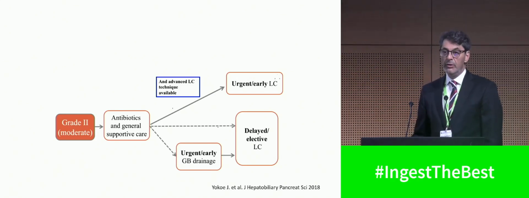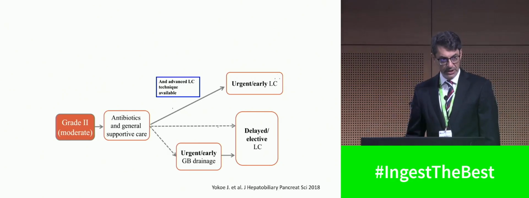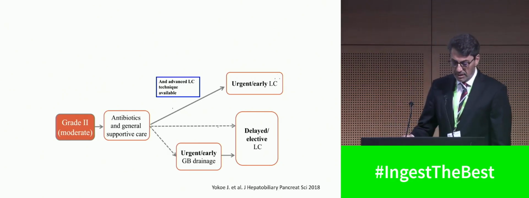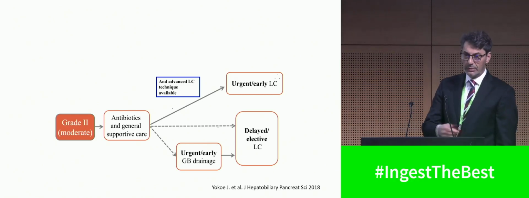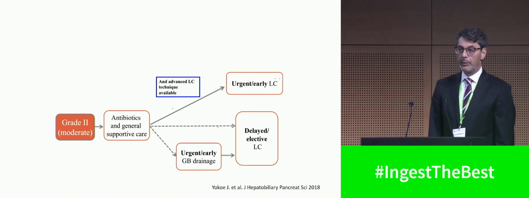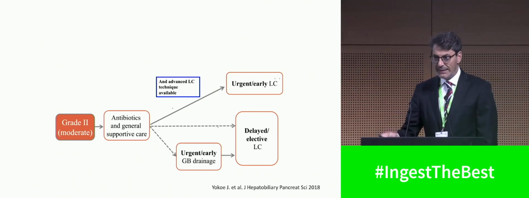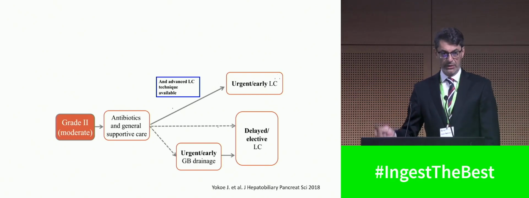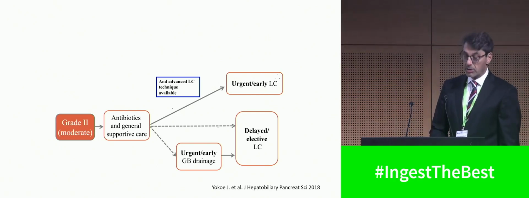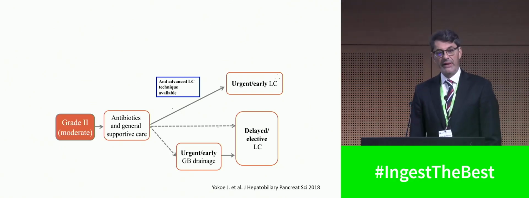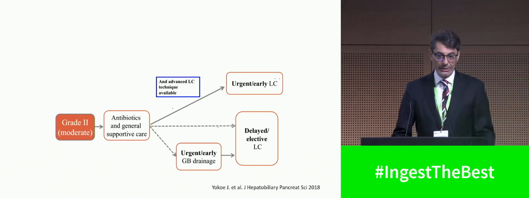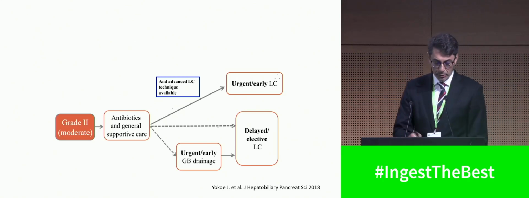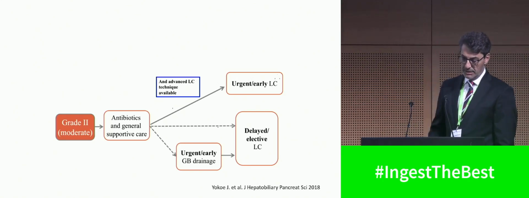So if they have capable surgeons with experience and a surgical team who can do it, then urgent laparoscopy is indicated in patients who can tolerate surgery without comorbidities or other problems; the local findings are not a contraindication anymore for laparoscopic cholecystectomy. In patients who are not able, we can think about early gallbladder drainage, whether percutaneous, or, as Andrea will talk about, endoscopic or some other type. But the first step is laparoscopic surgery in a highly specialized center.